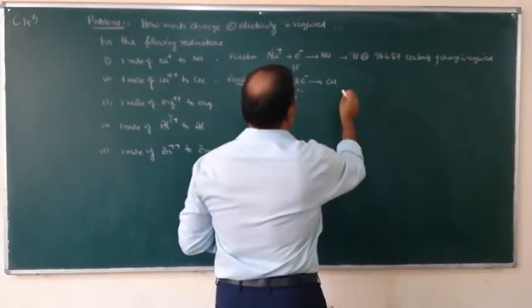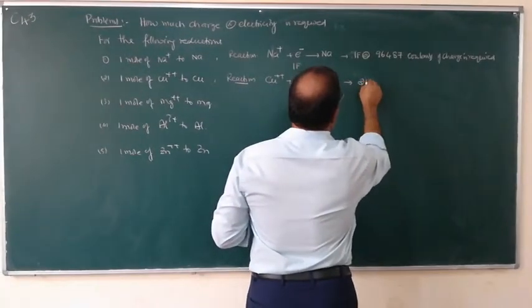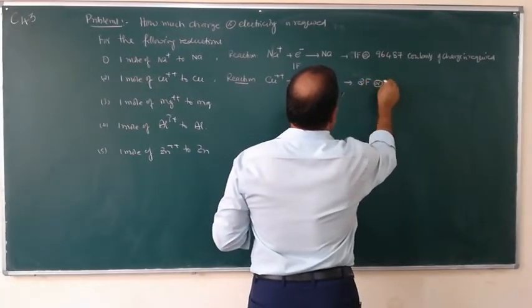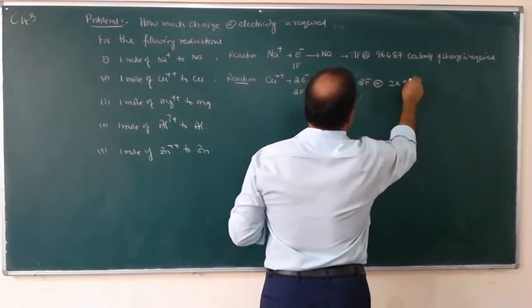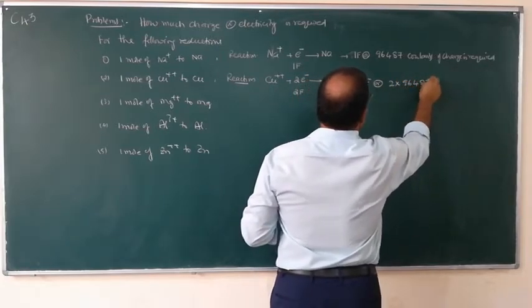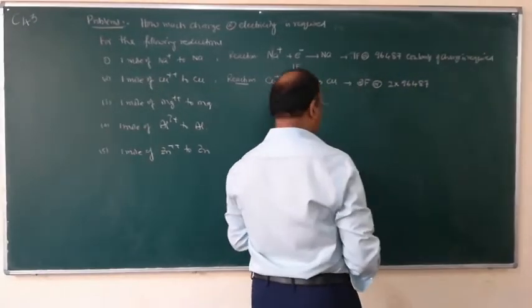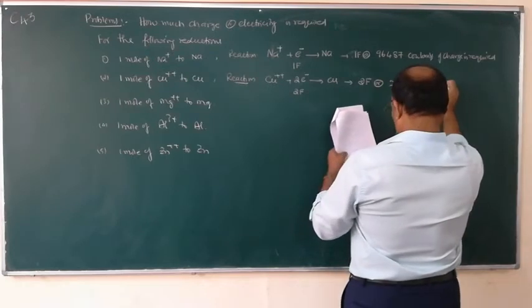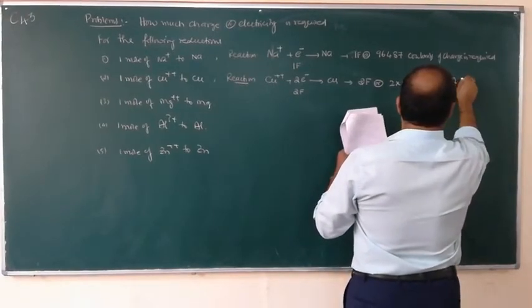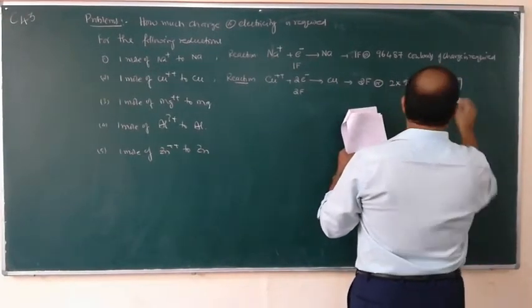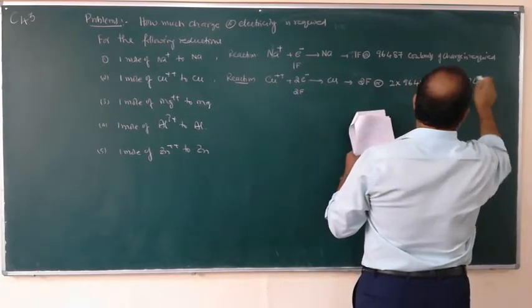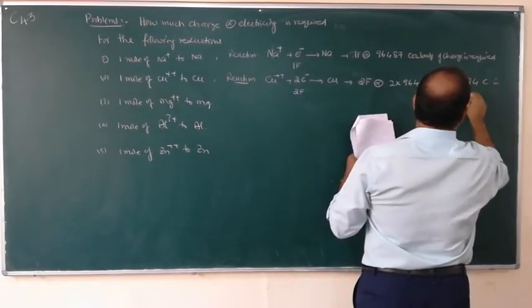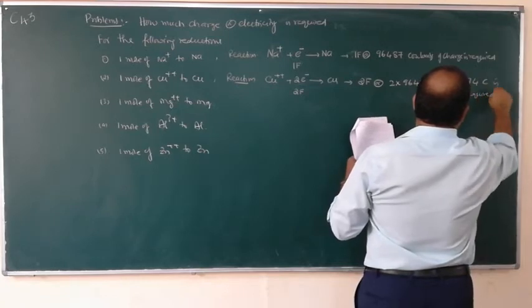So here how much charge is required? 2 Faraday or 2 into 96,487, that is equal to 192974 coulombs is required.